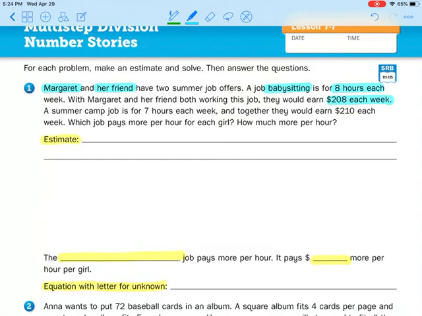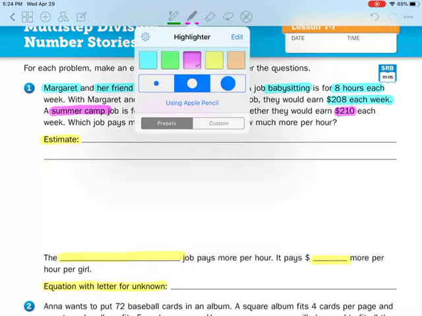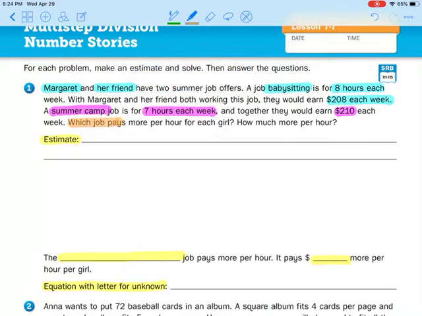So that's for babysitting. I'm going to switch my color. A summer camp job is 7 hours each week, and together they would earn $210 each week. Which job pays more per hour for each girl, and then how much more per hour?